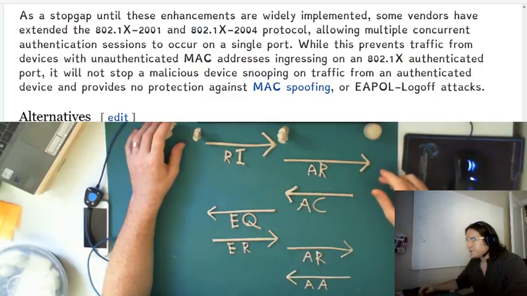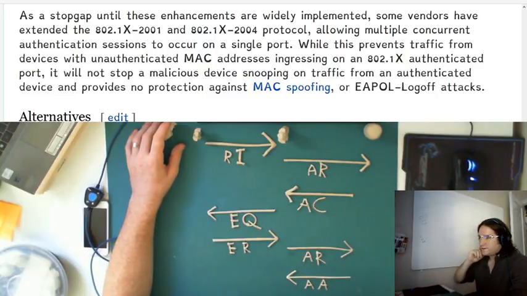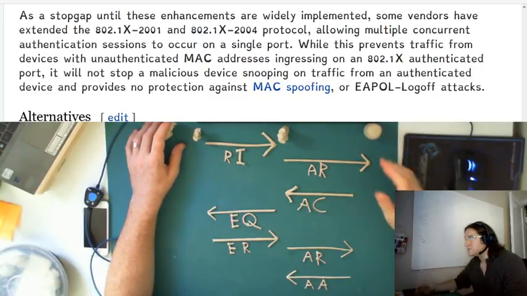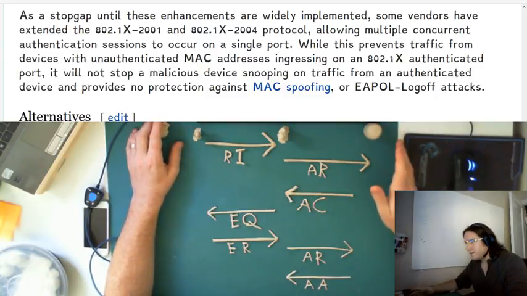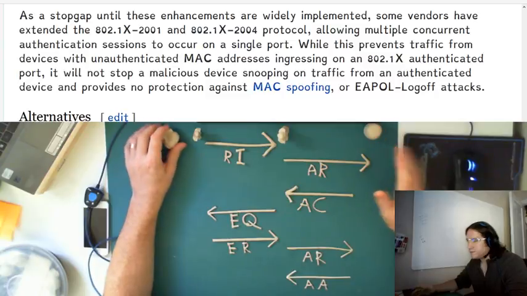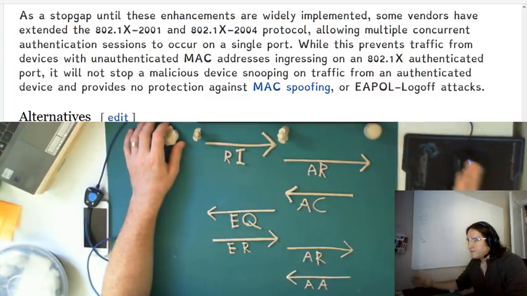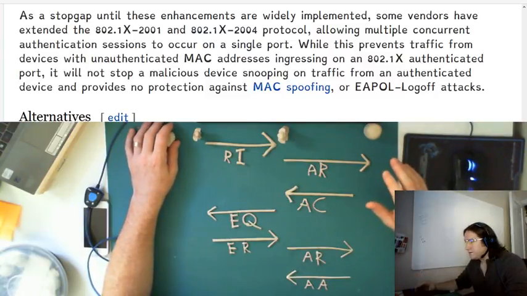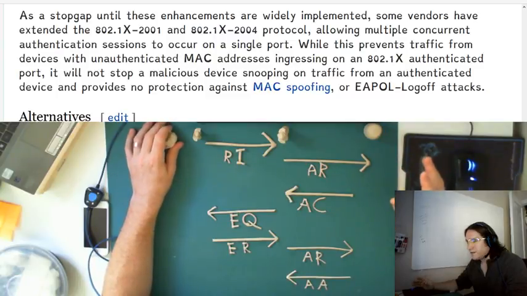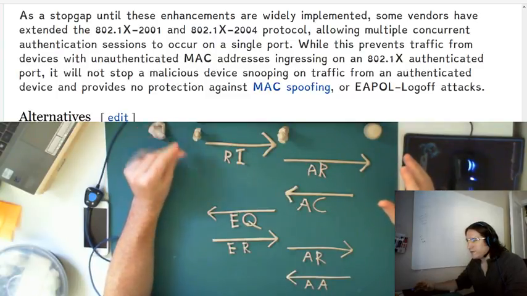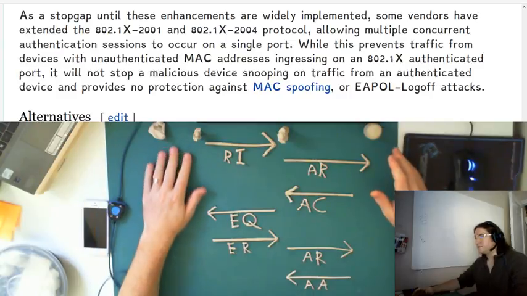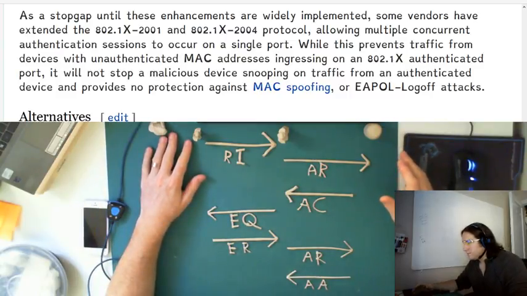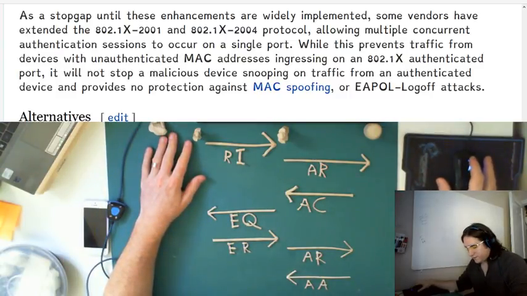While this prevents traffic from devices with unauthenticated MAC addresses ingressing on an 802.1X authenticated port, it will not stop a malicious device snooping on traffic from the authenticated device, providing no protection against MAC spoofing or EAPOL logoff attacks.